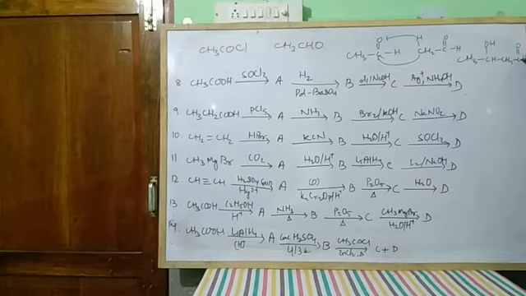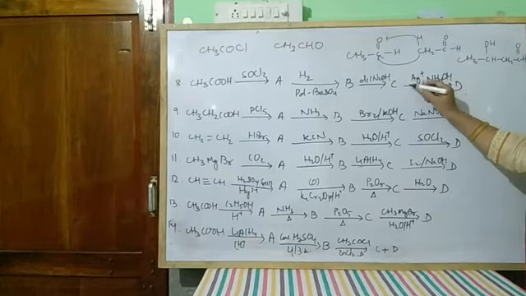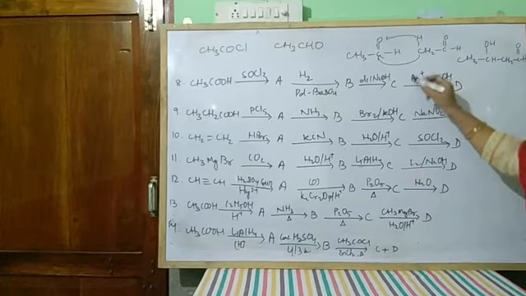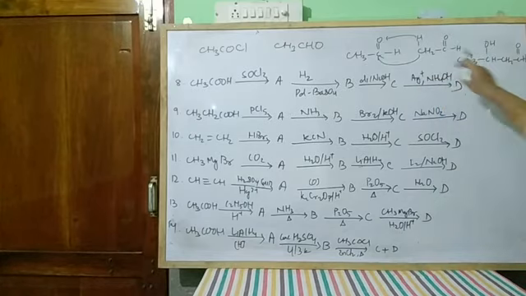We can also say 3-hydroxybutanal. And when this is treated with Ag plus NH4OH, this is Tollens reagent, the aldehyde group undergoes oxidation to form a carboxylic acid.